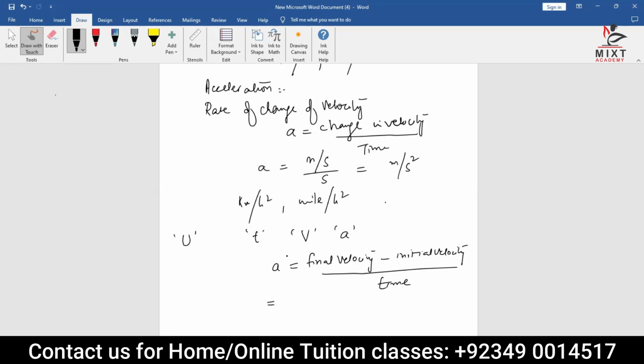Alicia, what shall I put here instead of final velocity as far as symbols are concerned? Final velocity is v minus u over t. Right.